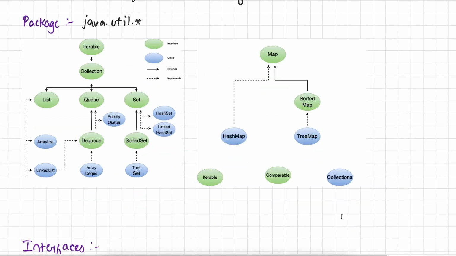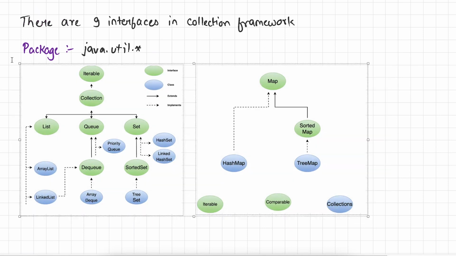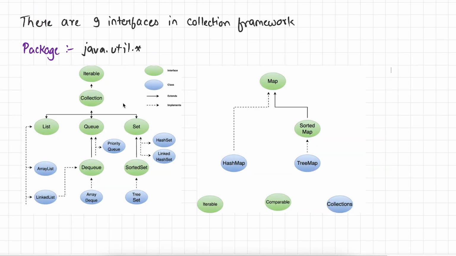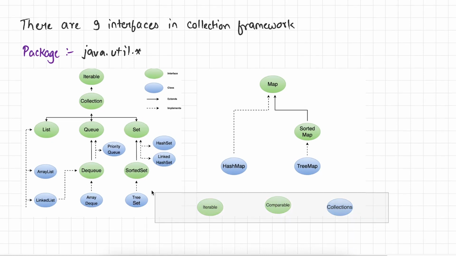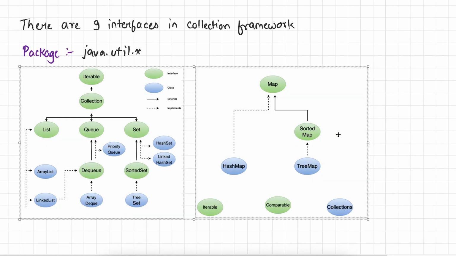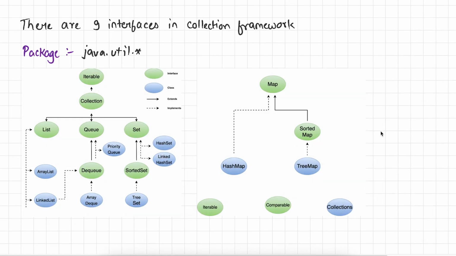Okay, moving on. Here you can see the diagram of the collection hierarchy. These are all the interfaces and classes available in the collection framework. Although there are many, these are some of the most commonly used ones. In this diagram you will see two kinds of objects, one green and one blue. All the green objects represent interfaces.